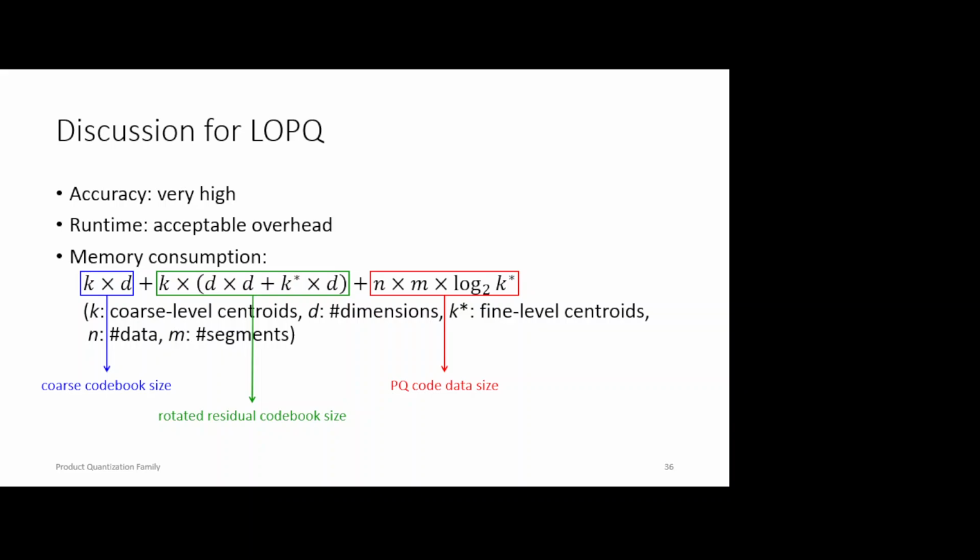In the coarse quantization, you generate a codebook. So what's the size of the codebook? Actually, it's K by D. K is the number of the coarse level centroids, and D is the vector dimension. So that is your codebook size. Any problem?